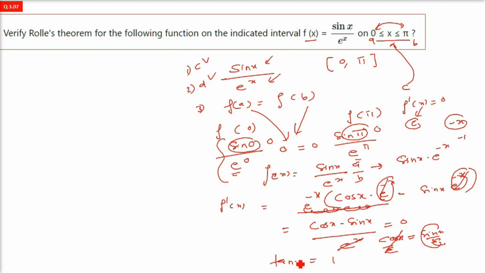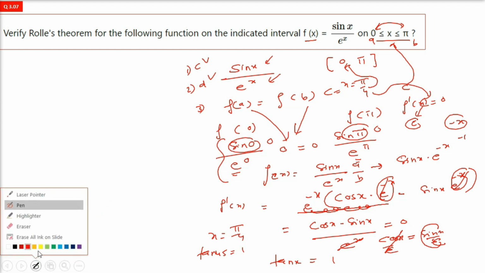So x has to be equal to π by 4. It's 45 degrees, and tan 45 degrees is 1. And this π by 4 is actually lying between 0 and π. This c is nothing but π by 4, and we have verified it, because π by 4 is indeed falling between 0 and π.